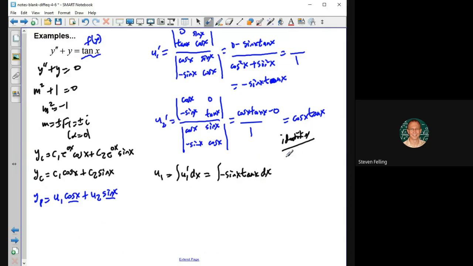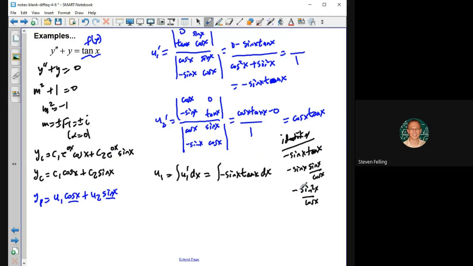What is negative sine x tan x? Let's just do that on the side. Can we rearrange it? Well, the tangent can be replaced with sine x over cosine x, right? So this is definitely negative sine squared x over cosine x. That would be another way to replace it.